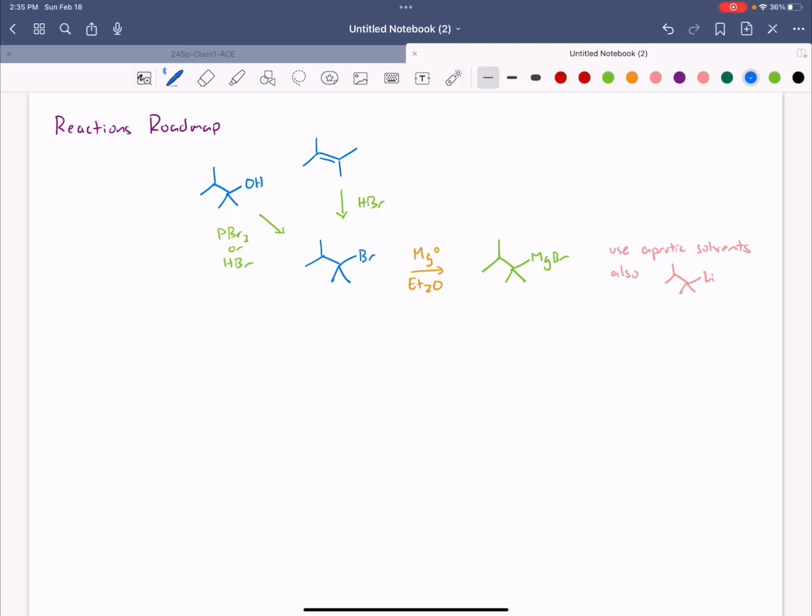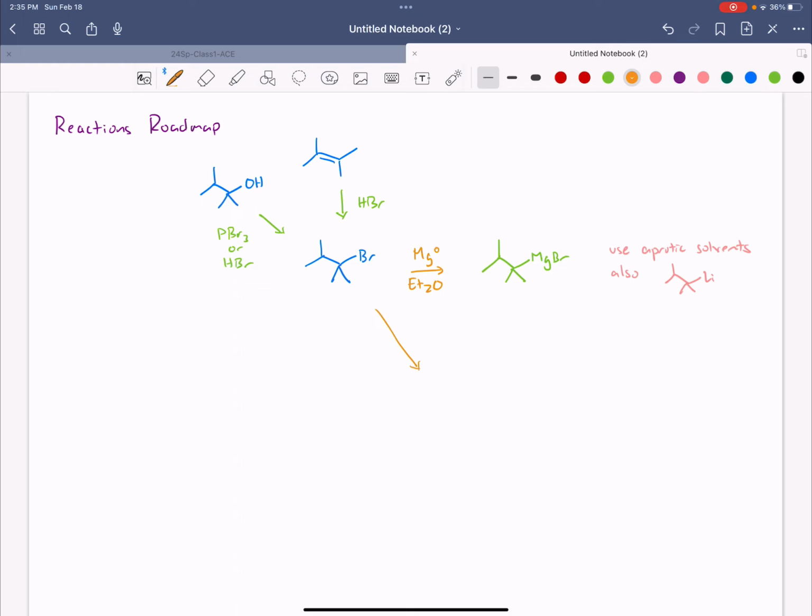Okay, let's move on. Anytime we use a Grignard, which is, as you know, this magnesium organometallic, we could also use organolithium. And the first reaction that we saw with the organometallics is the epoxide. Let's make this arrow a little bit bigger.